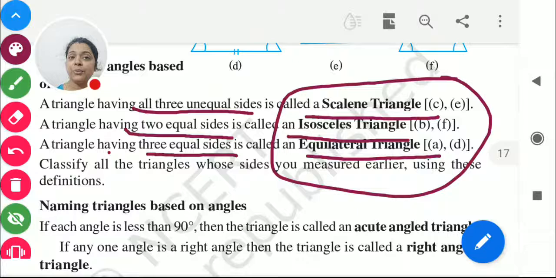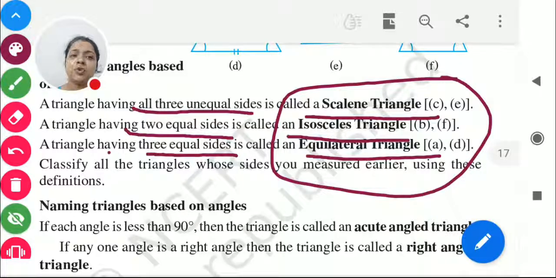It's so easy for you to identify as well. Equilateral comes from the word equal, so all three sides are of equal length.